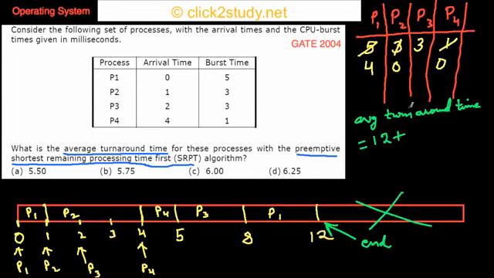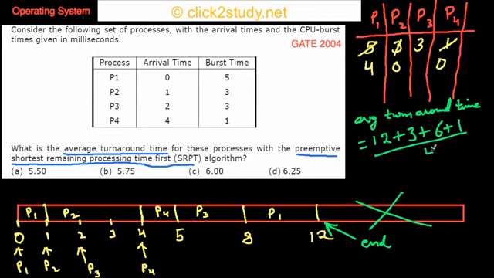That is 3. Then P3 arrives at 2 and finishes at 8, so the turnaround time is 8 minus 2, that is 6. Then P4 arrives at 4, finishes at 5, so the turnaround time is 5 minus 4, that is 1.